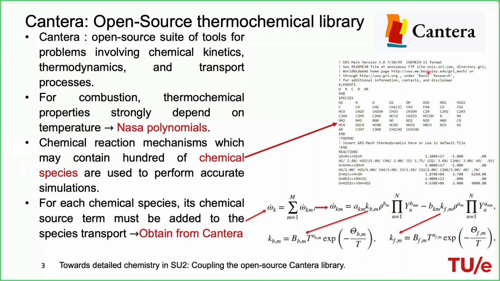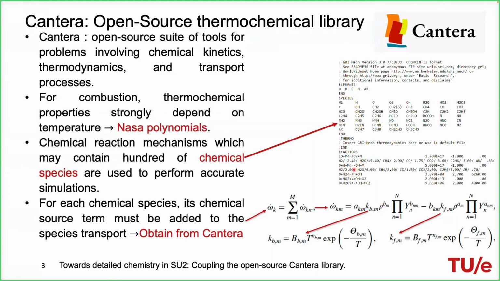As you can see here, this is a well-known chemical mechanism, the GRI 3.0, where we have 53 chemical species and 325 reactions.